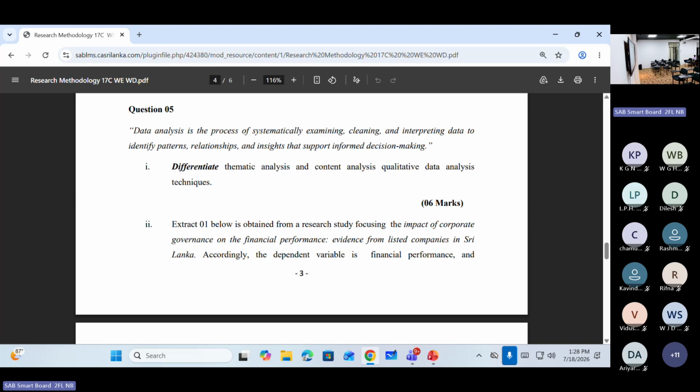Thematic and content analysis difference. Thematic analysis.